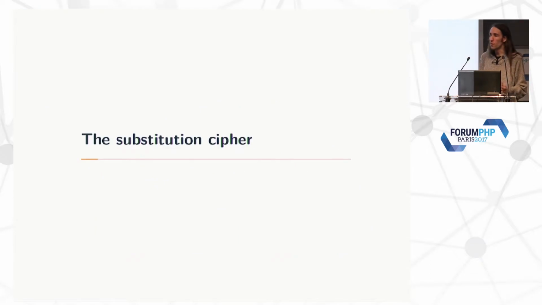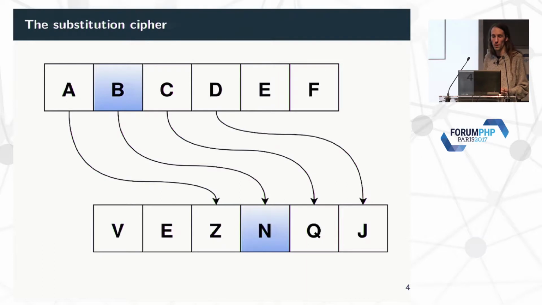So one attempt to improve upon this, I suppose, would be the substitution cipher. A substitution cipher is implemented by swapping each of the letters in the plaintext for a completely different letter. So you're not limited to just the next one up the alphabet, but you can have a completely random permutation. As you've got on the slide here, the letter B moving to N, C to Q, etc. And you can have any permutation of the alphabet that you fancy.